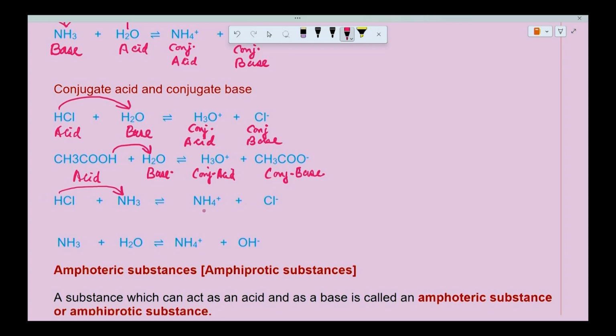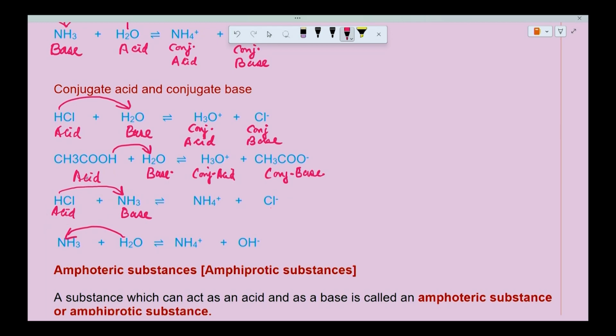This will be a conjugate acid and this will be a conjugate base, and HCl, since it donates a proton, will be an acid, and ammonia will be the base because it accepts the proton. Again ammonia with water, which we have already seen. Here again ammonia accepts a proton from water, gets converted into NH4 plus and OH minus. And here we can see that they are a pair.